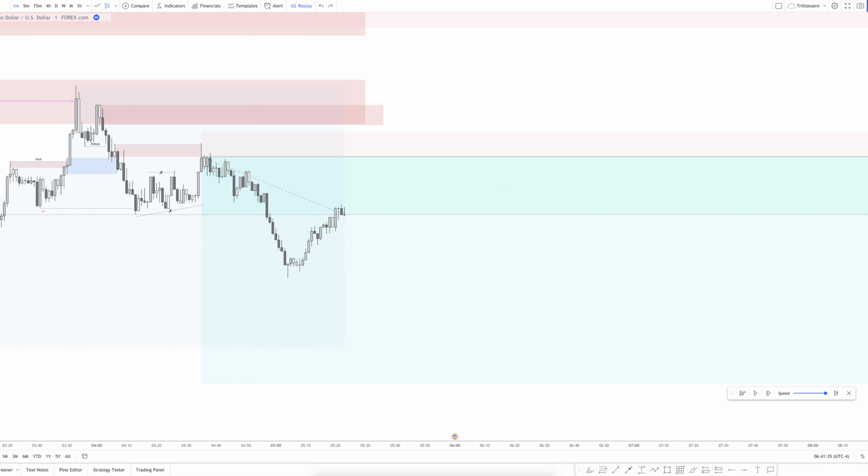Okay, so let's talk about what price could do next, right? Let's say you wanted to get another entry of some sort. So I'd pay attention to this area here for sure, this area here possibly.